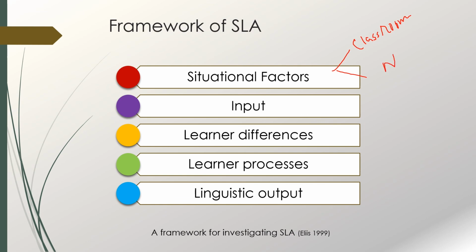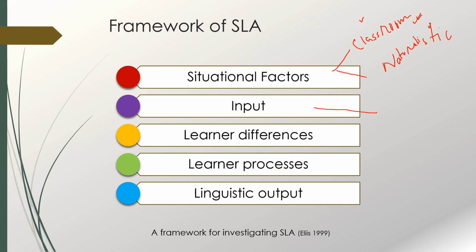And another one we refer to as naturalistic SLA. Whenever we are referring to naturalistic SLA, we are saying that the learners are learning naturally. So there are two situations: learners learn in a classroom, and learners learn in a naturalistic way.